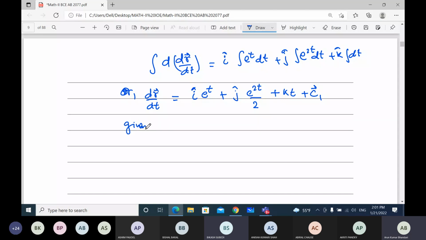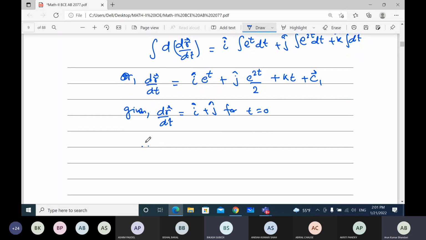What is given to us? Given dr by dt is equal to i plus j for t equal to 0. Therefore, dr by dt at t equal to 0 is equal to i plus j by 2, plus 0k, plus c1. Or i plus j is equal to i plus j over 2 plus c1 vector.